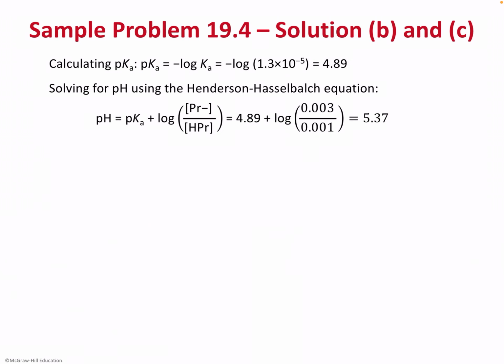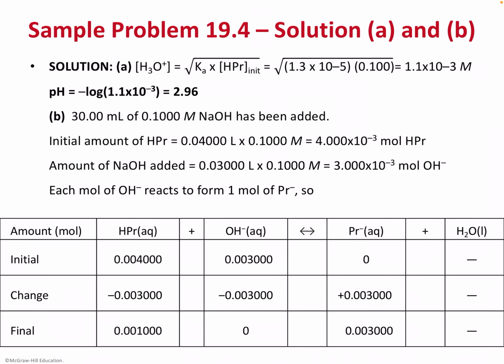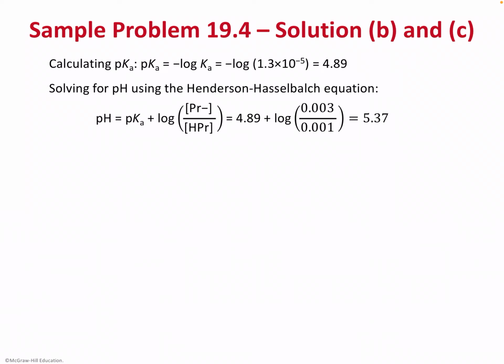Okay. So what we want to find out is the pH, and we found the pKa by using the Ka, and the concentration of base, Pr minus, we found 0.003, and the concentration of the acid at that time is 0.001. So this will give us the pH of the solution.